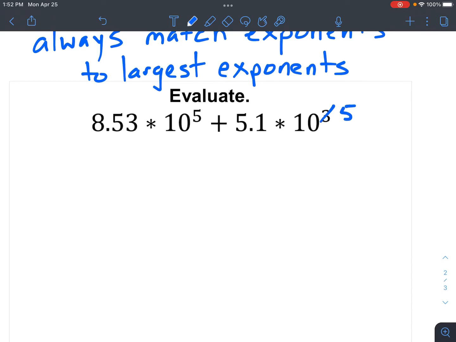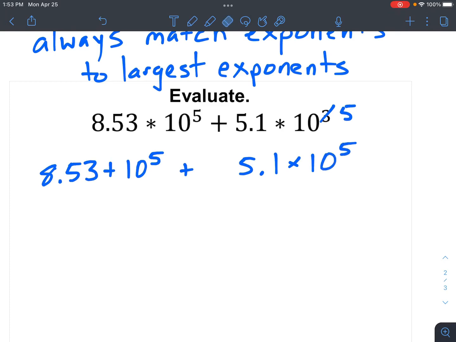Then if I just write out, we've got 8.53 times 10 to the 5th plus, and then we are going to have to change this number, so we might want to give ourselves some space here. I put a plus sign at the beginning there that I shouldn't have had. That should be at times. There we go.